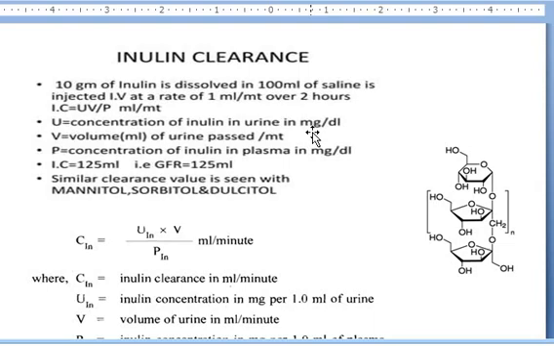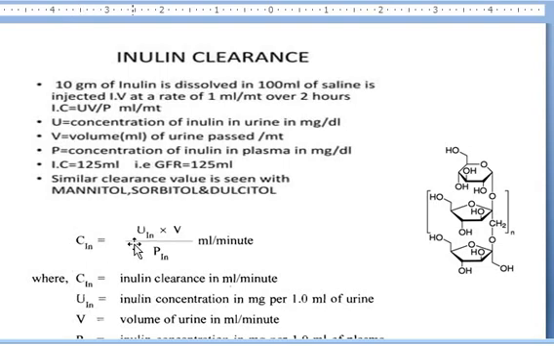Then the inulin concentration in the urine as well as in the blood will be estimated. After estimating the two things, by placing in the formula, we will find out the normal function of the kidney. The formula is inulin clearance, C IN, C is for clearance.